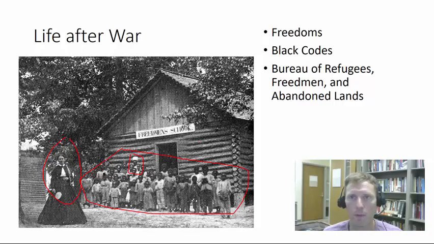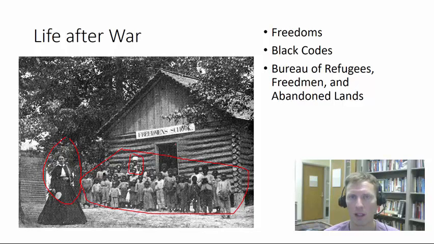Pretty simple school, but basically education was one thing that the Freedmen's Bureau oversaw, and also things like hospitals, medical care. And what you see is that African Americans went to these services, used these services, interacted with white men and women from the Bureau to improve their lives.